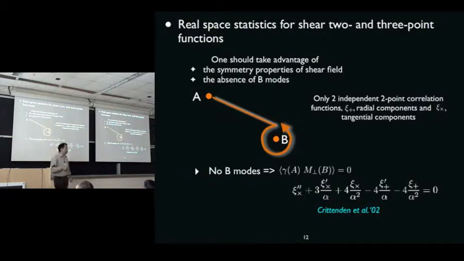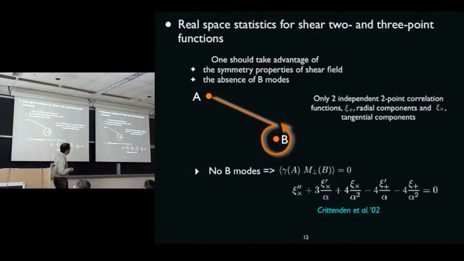Now, if you remember how I can calculate B modes is by integrating one component of the shear around this point. You can actually show that if you do that, basically you are integrating psi of this.